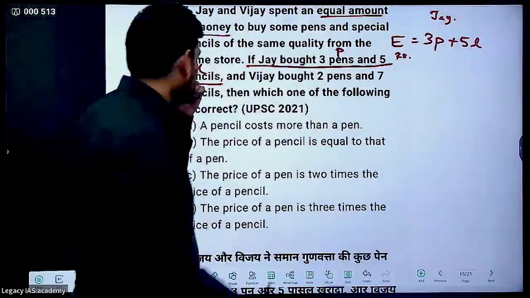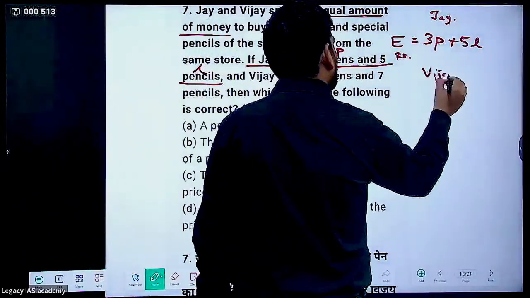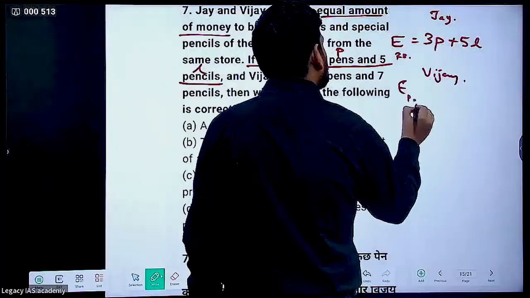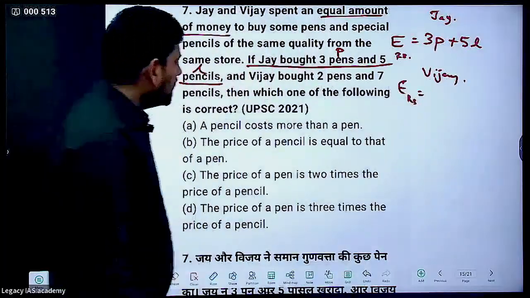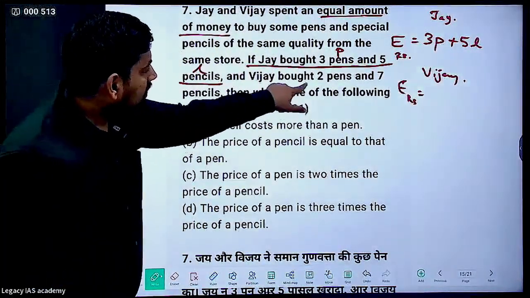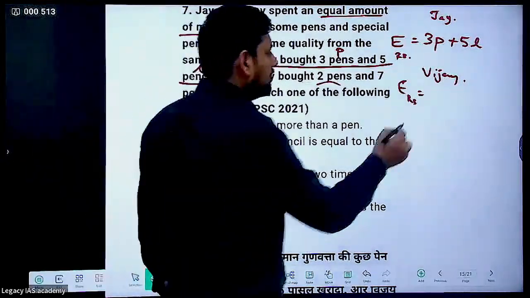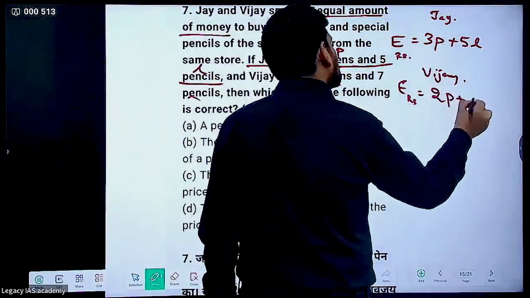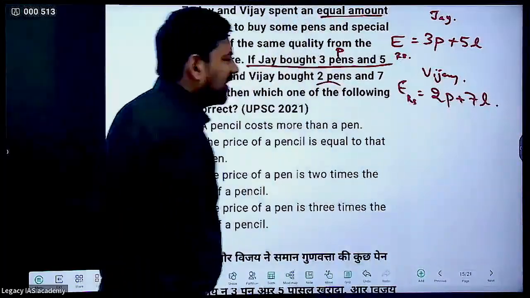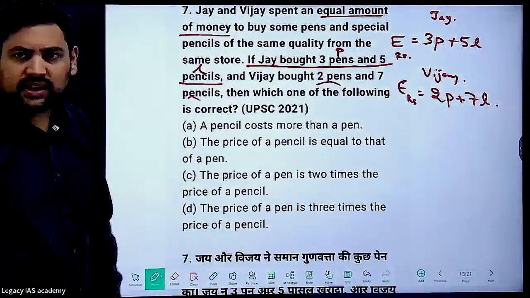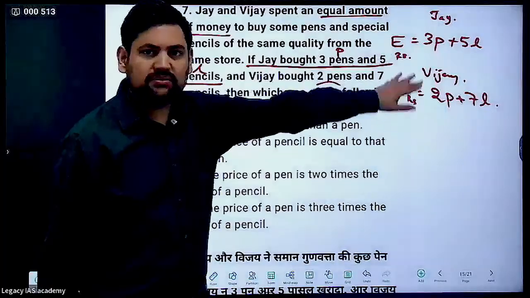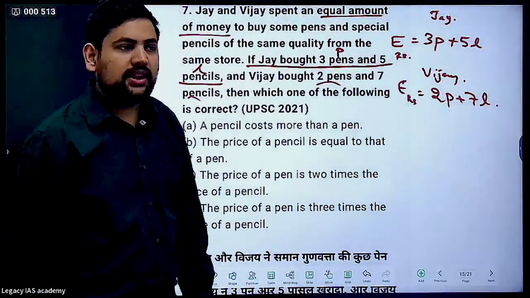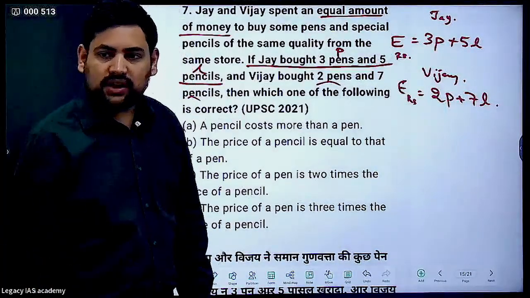Correct. Now, the other person, Vijay, also made expenditure of E rupees only. How much did he spend? He spent on 2 pens and 7 pencils. That means 2P plus 7L. Now, first line of the question, they spent equal amount of money. So I equate them both and find the relation between cost of one pen and one pencil.